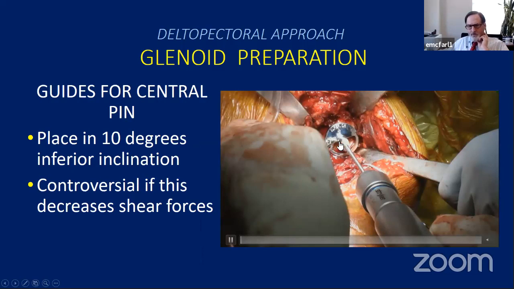So I like to freehand the pin, but somebody from the front has to make sure that it's only 10 degrees of inferior tilt. So basically you have to just be familiar with the system that you have. But again, you can see we've got really great exposure and we've got a straight shot onto the glenoid.